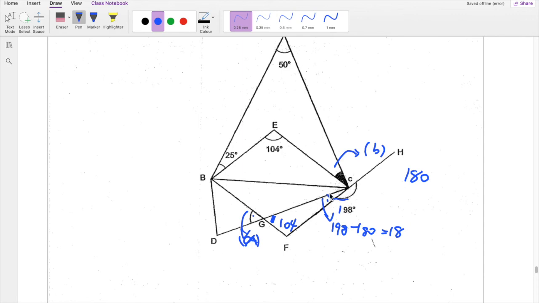Well, we know this angle, and this angle we'll also know. Then we can know this angle. So this angle equals 180 minus 104 minus 18, which is 58 degrees.